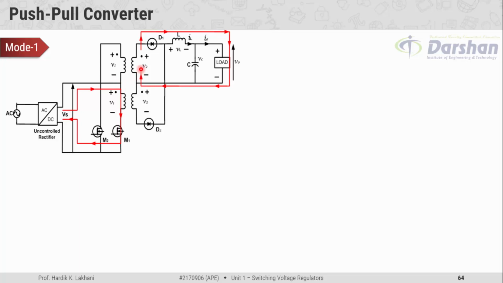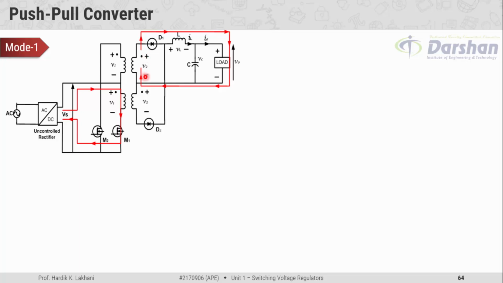But voltage on the secondary winding can be found out by using the transformer voltage and turns ratio relationship. So we can have V2 is equal to N2 divided by N1 into supply voltage.